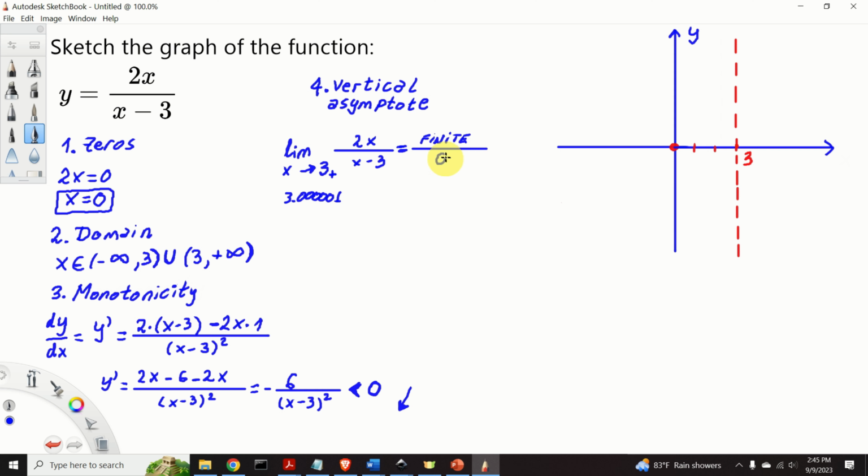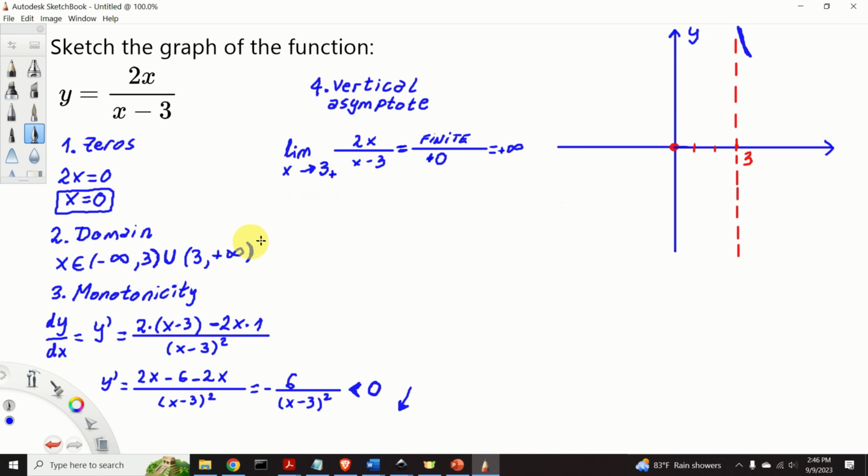I will denote such a number as 0, but in front of 0 I will add plus. And this is equal to plus infinity. That is what we figured out. We figured out when we approach this function from this side, the function will go up to infinity. That is, it will go like this. Perfect. Now, let's evaluate the second limit.